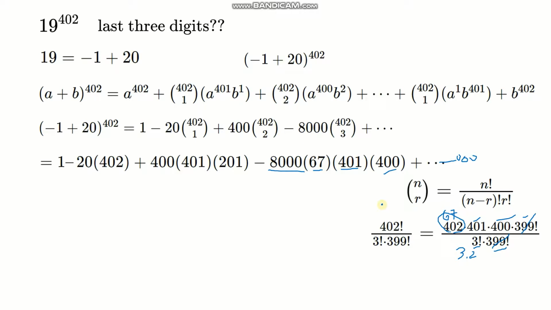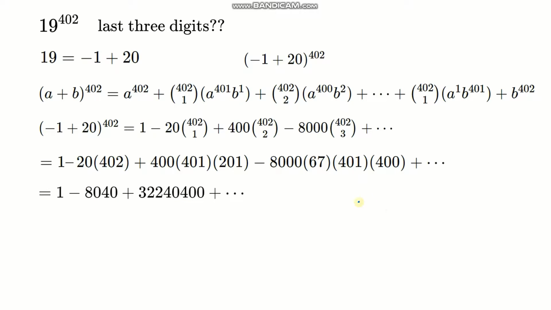Okay, for now, we just need to add the first 3 terms. So 1 minus 8040 plus 32240 equals 32361. Let's take for now the last 3 digits of the sum of our first 3 terms: 361.